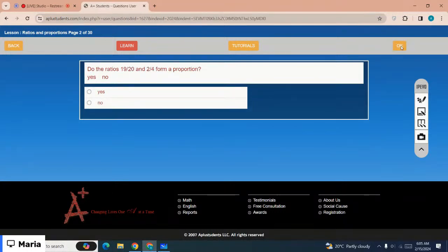Okay, the next one is: do the ratios 19 over 20 and 2 over 4 form a proportion? Which is the correct option, yes or no?